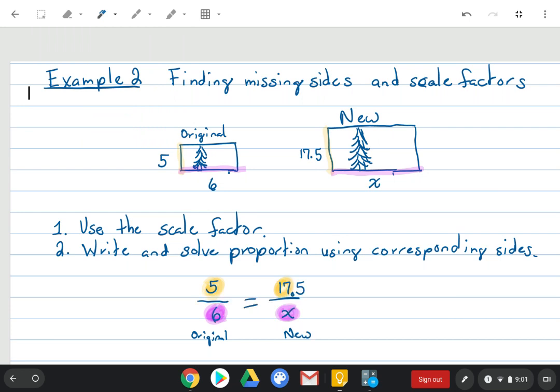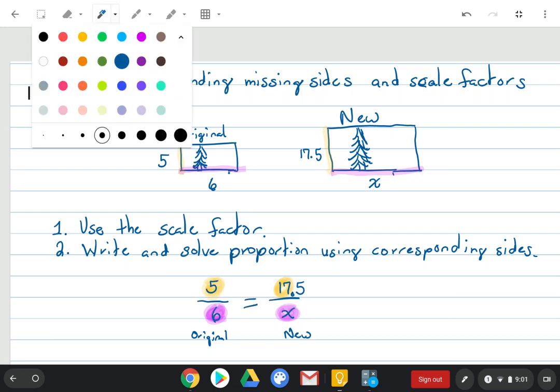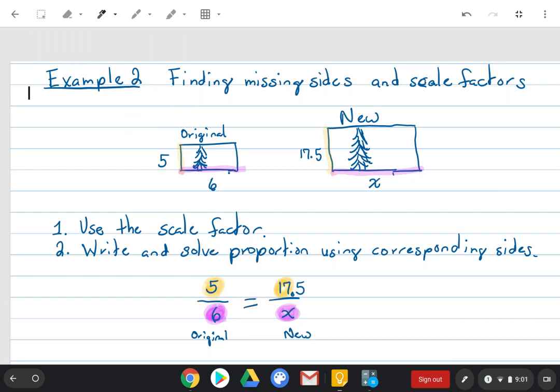And the question is, how do we solve that proportion? To solve a proportion, we have two methods that we've talked about. We've talked about scaling and cross products. I think the easiest way for us to do this is to use cross products. So I'm going to draw my cross. So we have 5 times x is 5x.